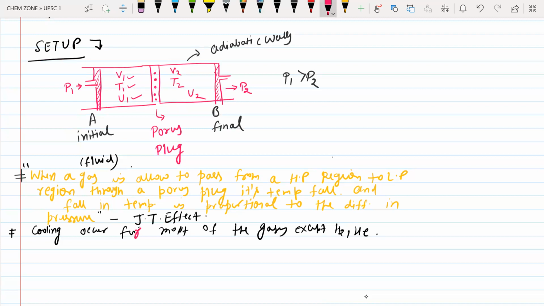Temperature of the gas is maintained when a pressure P1 is applied on this piston. This gas is allowed to move towards point B, and the volume of gas here is taken as V2, temperature is taken as T2, and the internal energy is U2.